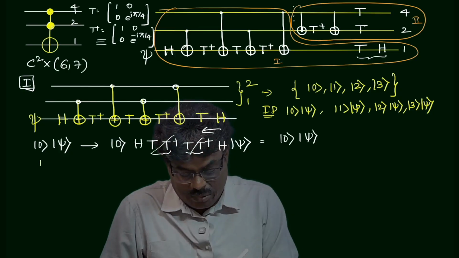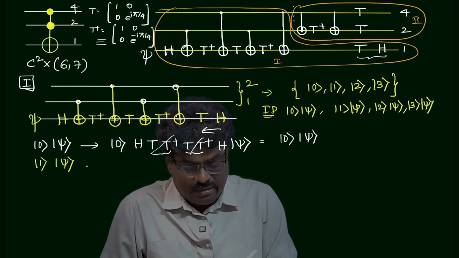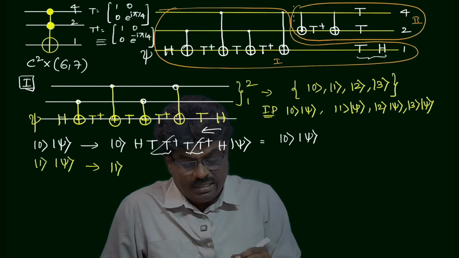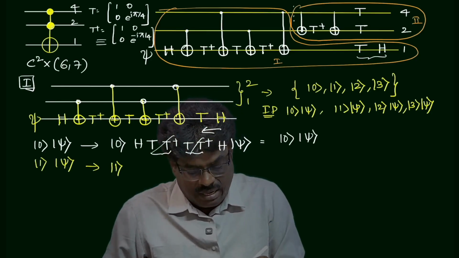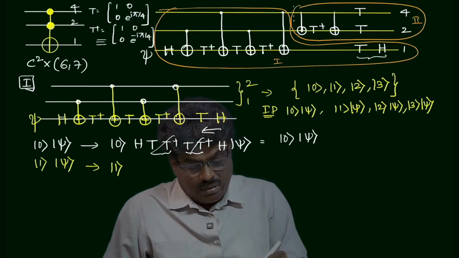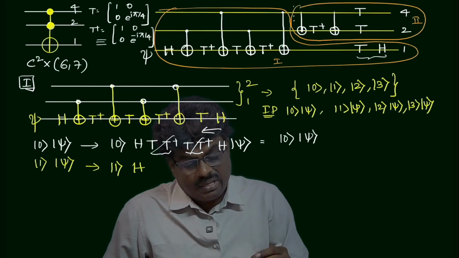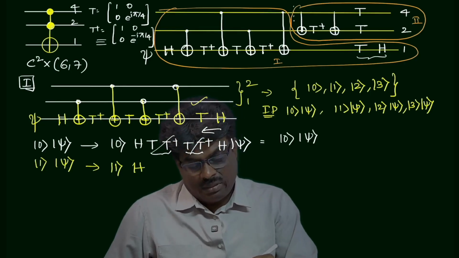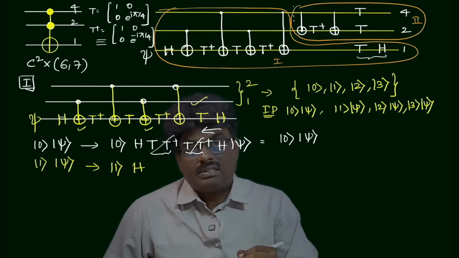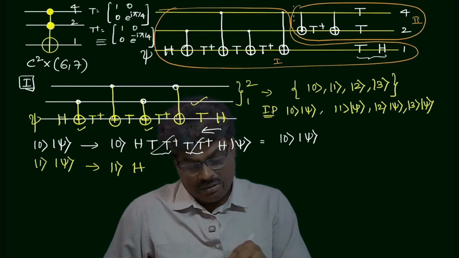Still, if you are not understanding, this is 1 as it is because no gate is on that 1, that's why 1 as it is, and psi. So H, this time this 1 is on. Then this C naught and this C naught will be operating on that side.